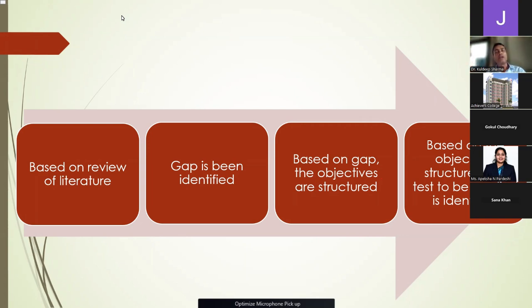When I talk about test of relationship, I have correlation, and two types of correlation: Karl Pearson as well as Spearman correlation. And when I talk about prediction, I have all types of regression models: multiple regression, simple regression, tobit regression, panel regression. They all are used for prediction.